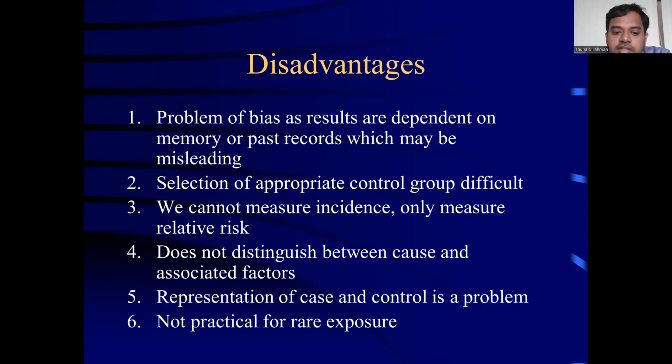And we cannot measure incidence, only relative risk. Measurement of incidence is not possible in case control studies. It is possible in cohort studies. It also does not distinguish between cause and associated factors. Representation of cases and controls is a problem that I mentioned earlier, and it is not practical for rare exposures. So these are the disadvantages we have with the case control study.